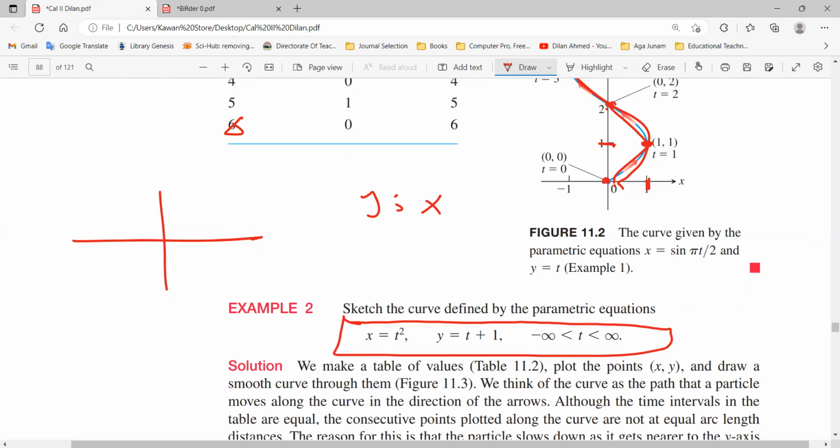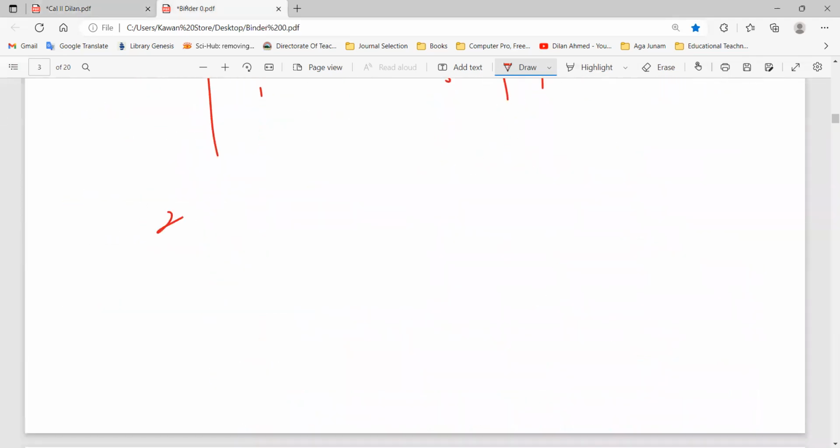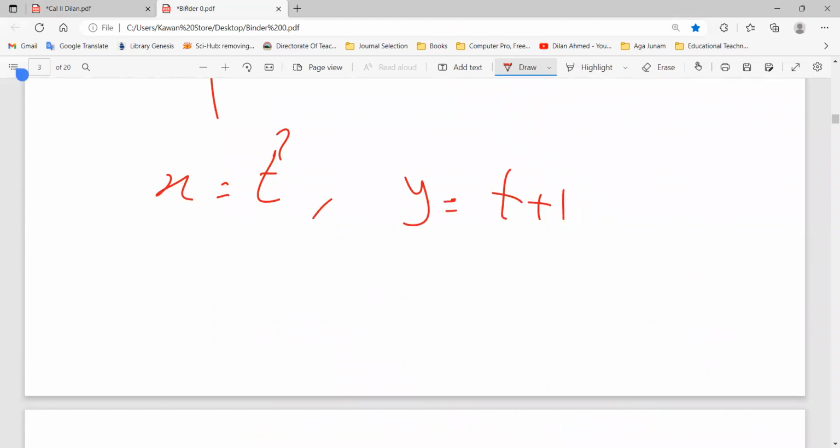We need to find the relation. How? Look, we have x equal to t squared, y equal to t plus 1. So t is equal to y minus 1, from the second equation.